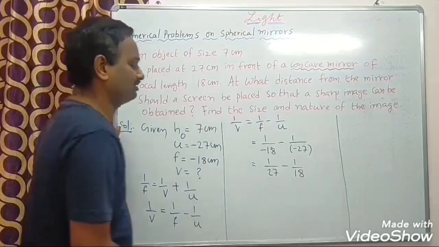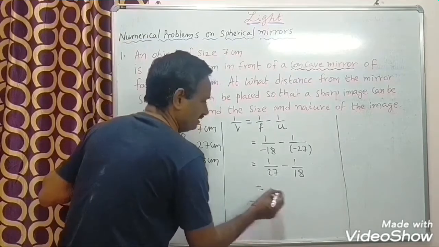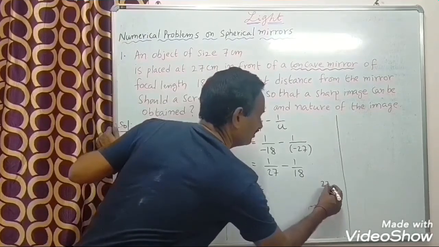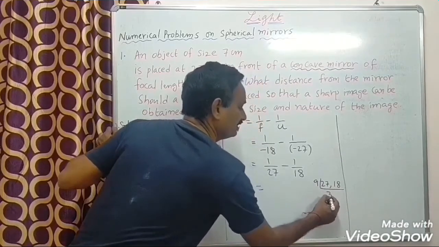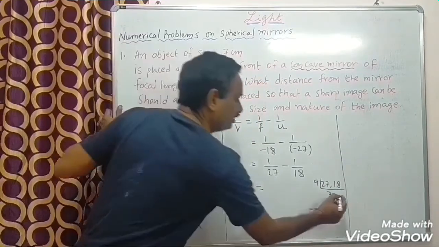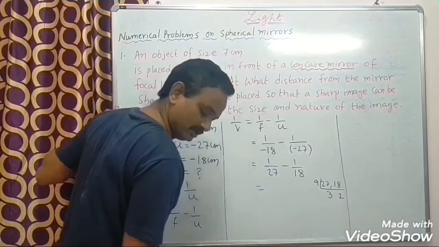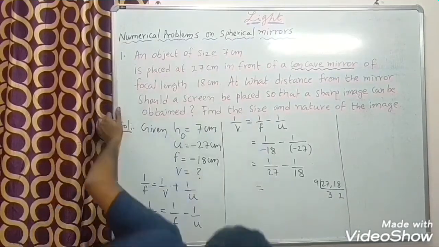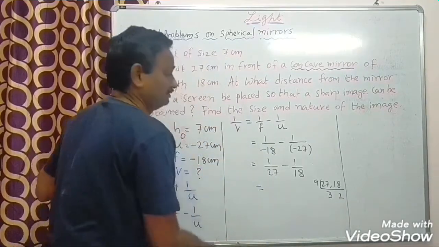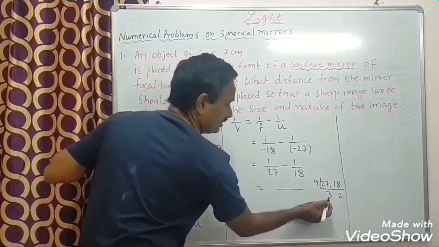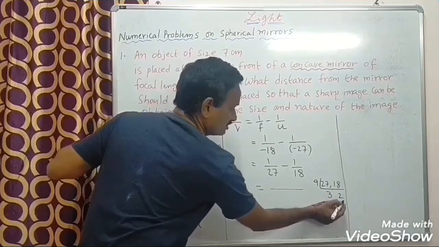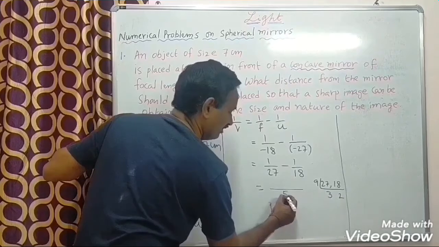If you take the LCM of 27 and 18, take the 9 table: 9 3s are 27, 9 2s are 18. So what is the LCM here? 3 2s are 6, 6 9s are 54, so 54 is the LCM.